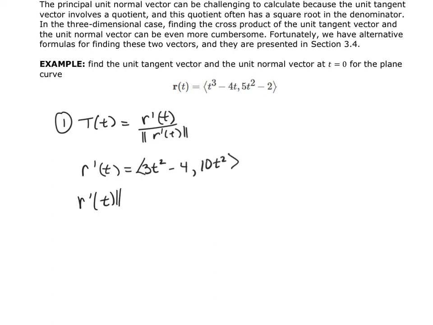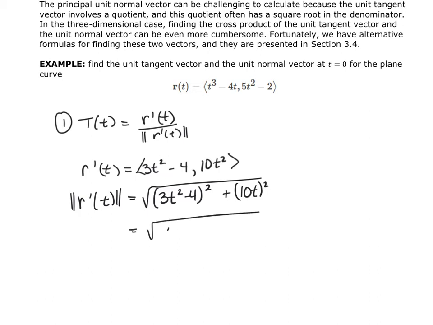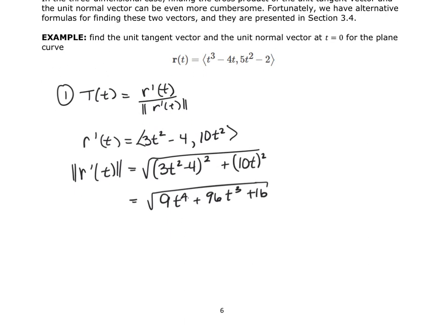The magnitude of r prime of t is equal to the square root of the quantity 3t squared minus 4, squared, plus the quantity 10t, squared, which is going to give me 9t to the 4th plus 96t cubed plus 16 when I get done with all of the multiplications. That should be 9t to the 4th power. And now I'm going to evaluate it at 0.